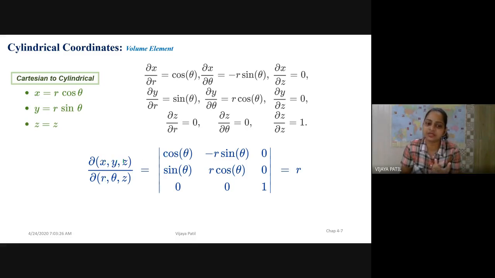Because I have three variables in the numerator and three in the denominator. That means each variable x, y, z depends on r, theta, and z.